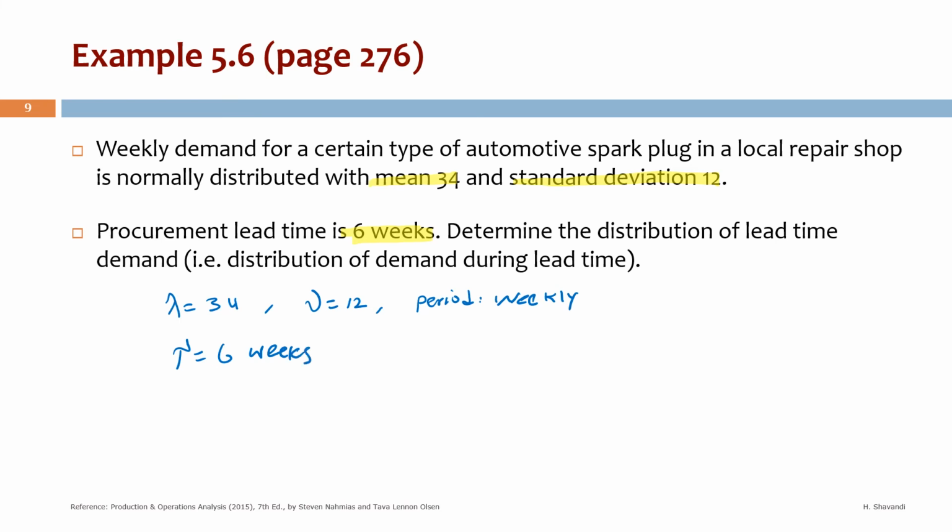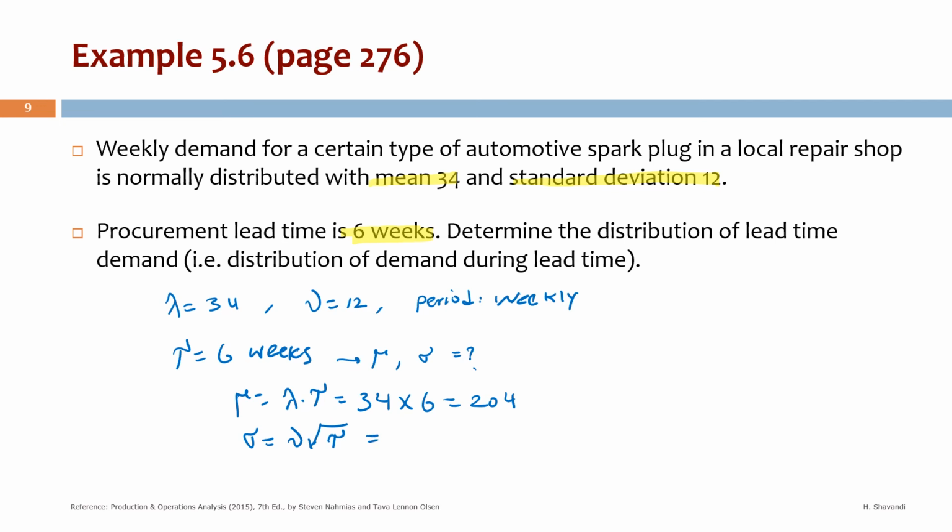In order to obtain the mu and sigma of demand during the lead time, mu will be lambda times tau. Lambda is 34, tau is 6, so it becomes 204. So the mean demand during the lead time will be 204, and the standard deviation of demand during the lead time will be nu times square root of tau.